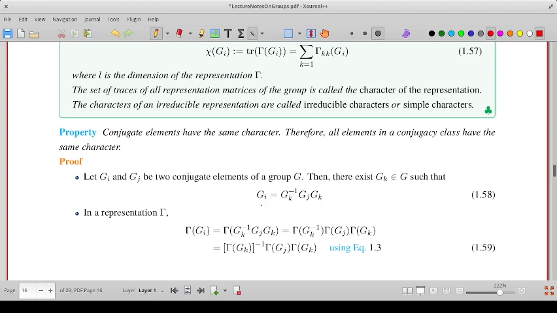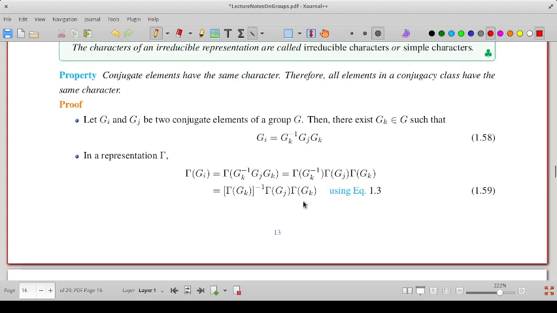Then the representation matrices of Gi and Gj are related in the following way. Gamma Gi will be equal to gamma of Gk inverse times Gj times Gk. Now since gamma is a representation, this will simply be the product of these matrices, gamma Gk inverse times gamma Gj times gamma Gk.